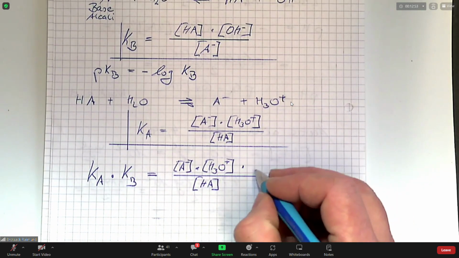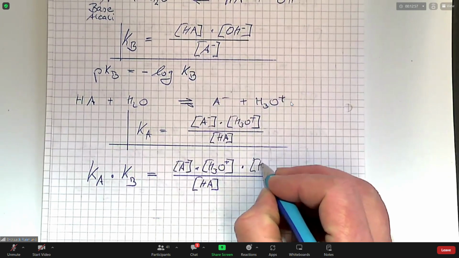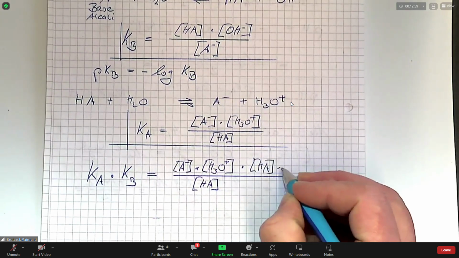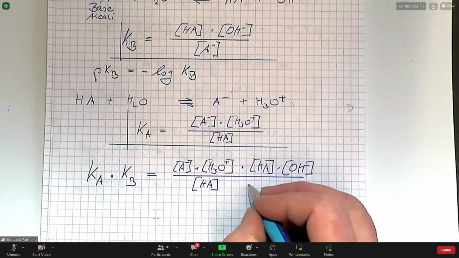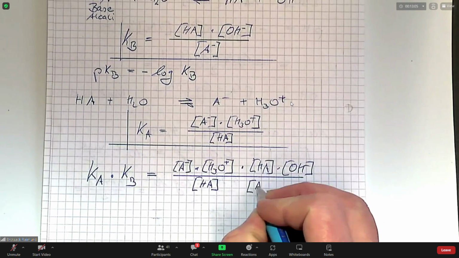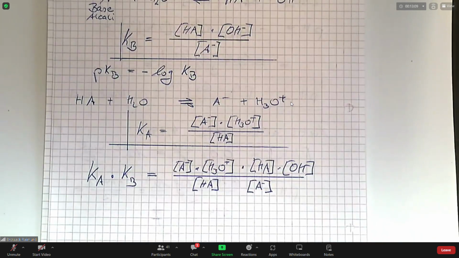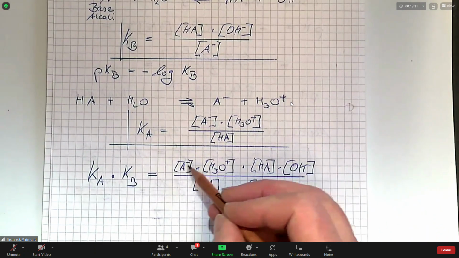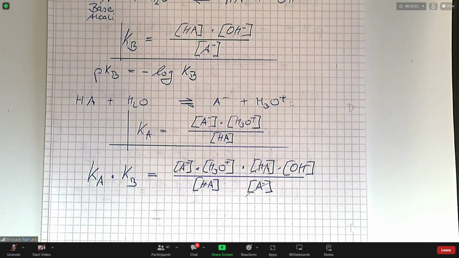Again, it is HA now. Here, we look up here. HA times the concentration of the hydroxide anions over the A minus concentration. When we do that, we see we can cancel the A minus, we can cancel the HA, because we have the same up and down in our term.